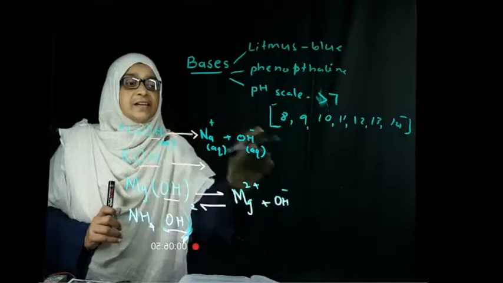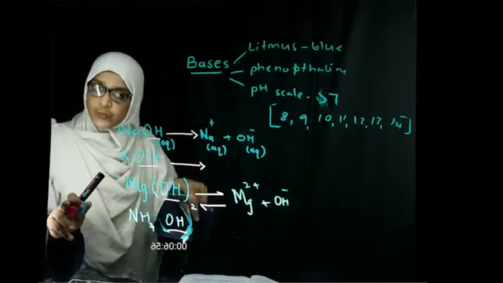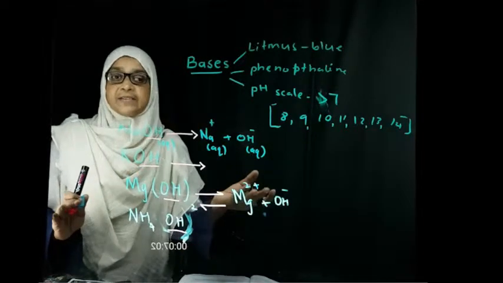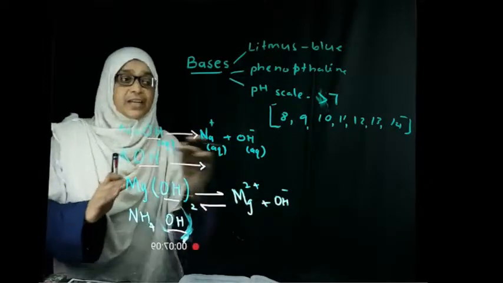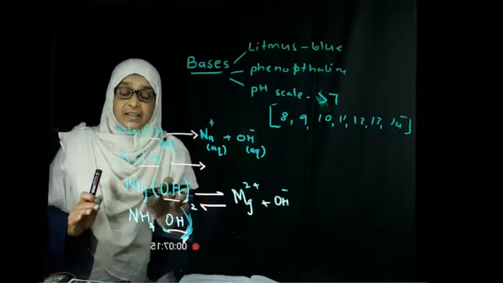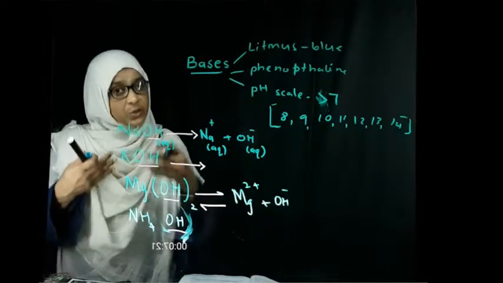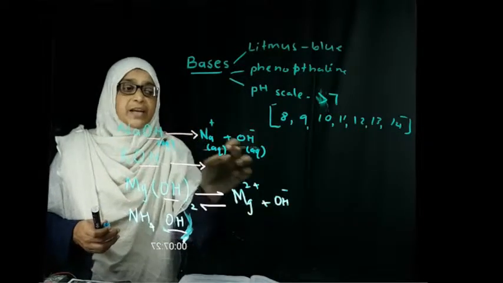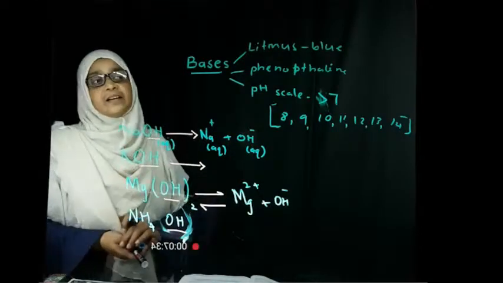Okay, but if we dissolve the sodium hydroxide into water, there will be sodium and hydroxyl ions. No sodium hydroxide molecules. Completely it dissociates in the water. But for magnesium hydroxide there will be undissociated molecules too. Okay, now I think you have understood how complete ionization and partial ionization take place in the bases.